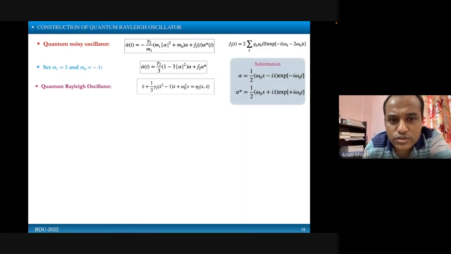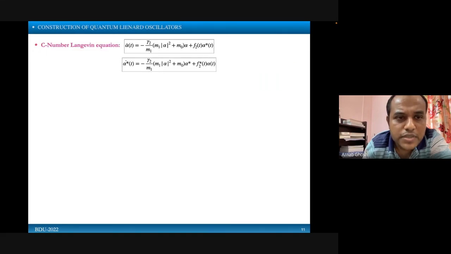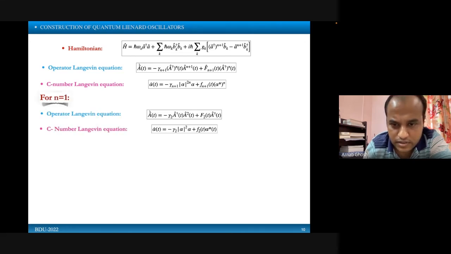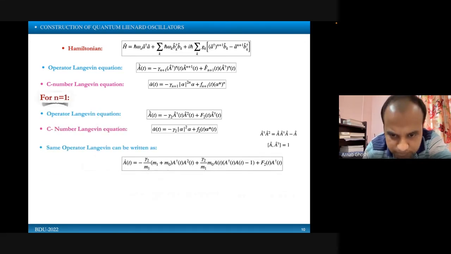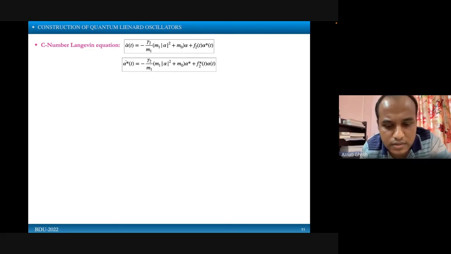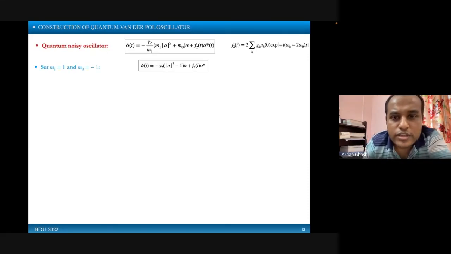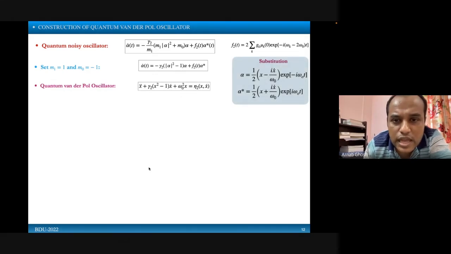So for example, in this case, I first derive this, and then I need to derive the C number Langevin.